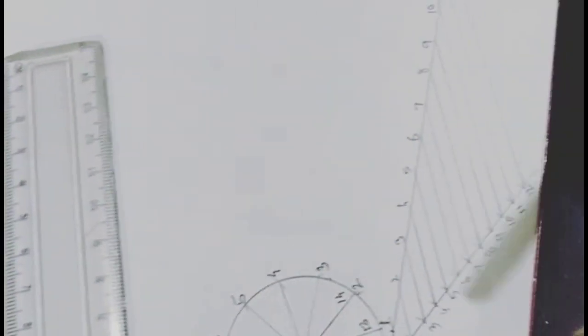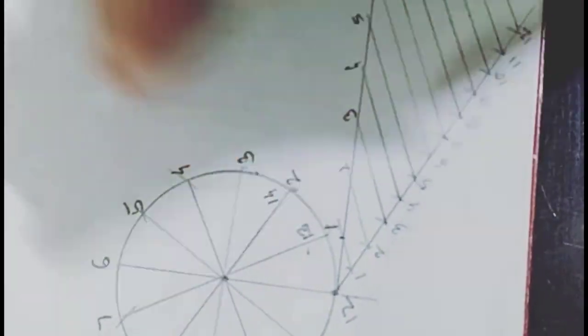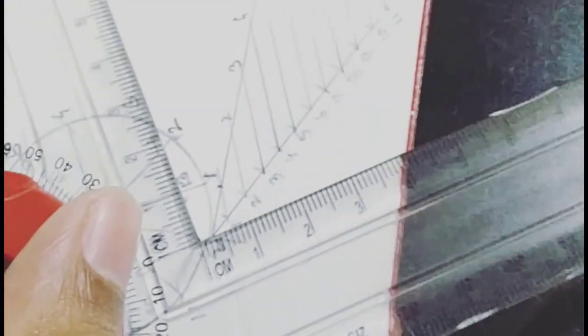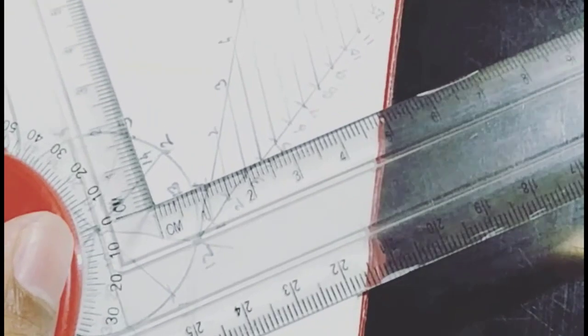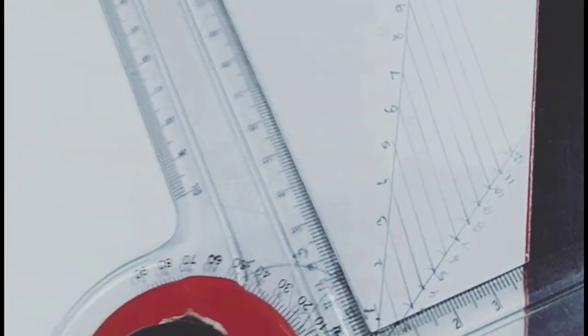Okay, so now we are going to start. Before starting, from point 1, point 2, point 3, you have to draw the tangents. Keep your drafter like this, perpendicular at this point, and draw the tangent from point 1. Draw tangents from all these points.